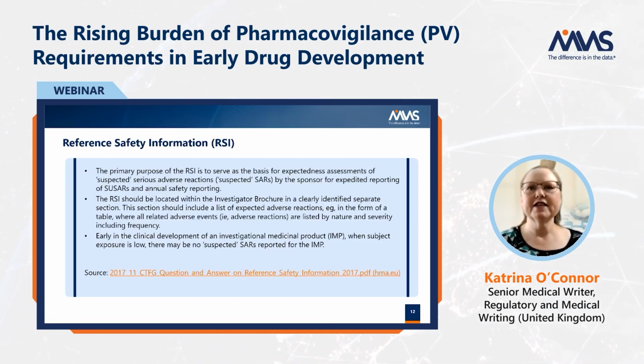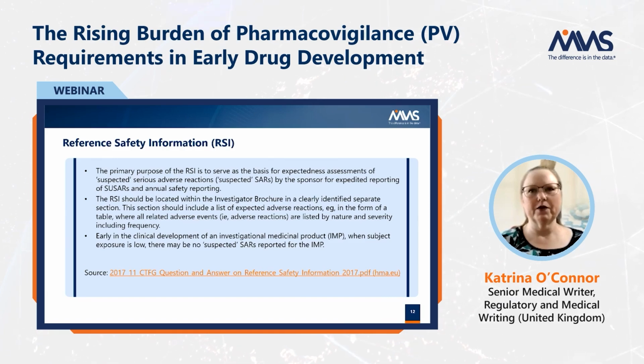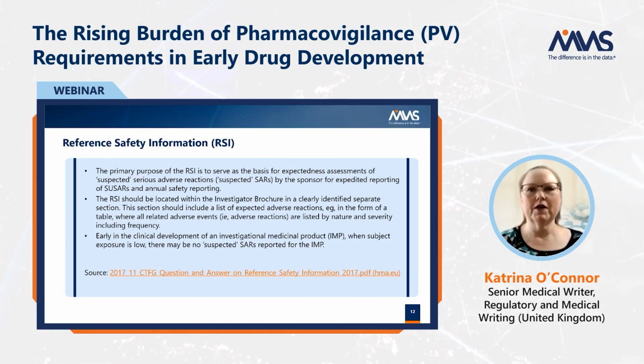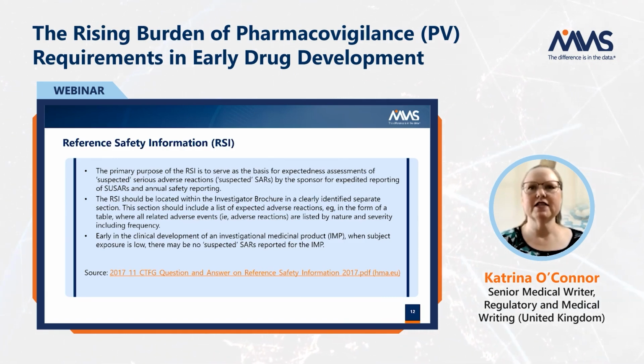To facilitate the analysis of data for the aggregate safety reports, a reference safety information or RSI should be maintained. The main purpose of the RSI is to serve as the basis for expectedness assessments of suspected adverse reactions or suspected SARs by the sponsor for expedited reporting of SUSARs and annual safety reporting.